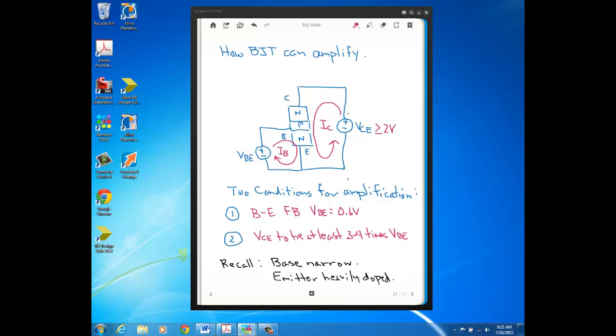And that's how we get amplification, or an amplified voltage signal with a BJT, is through its ability to essentially amplify the current, right?